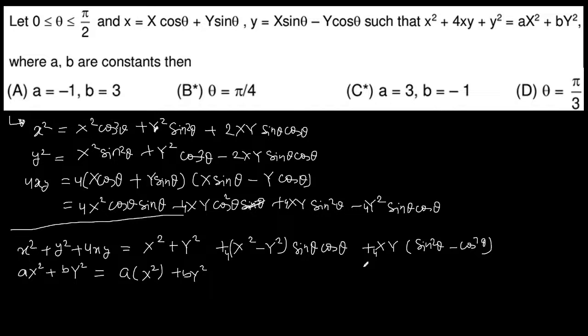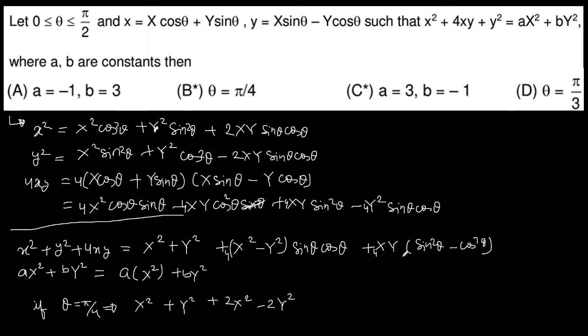Okay, they have taken some theta equal to pi by 4. This is 1 by 2. So if theta is equal to pi by 4, it is 2x square, x square plus y square, this is 1 by 2 plus 2x square, 2y square.